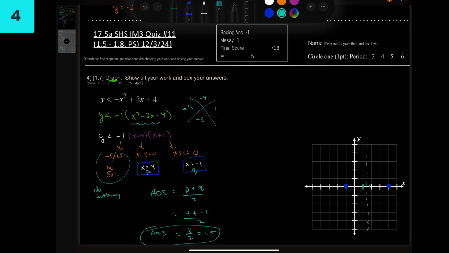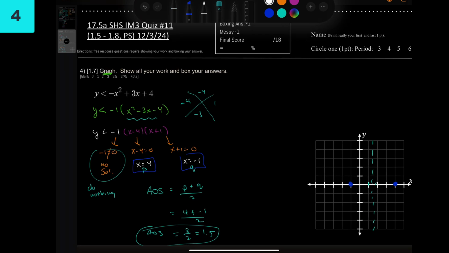Okay, so if I want to know, so let's go back. Here in blue, these were my x-intercepts. Blue, we found the axis of symmetry. I was hoping it would make a straight line, but it didn't.